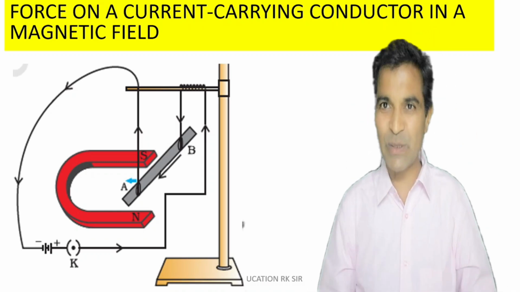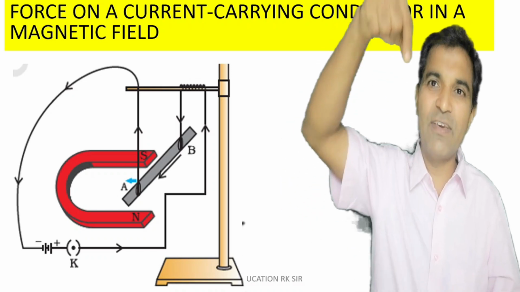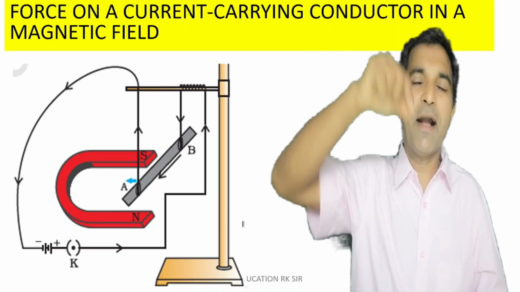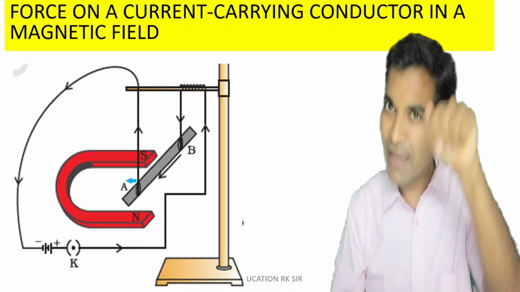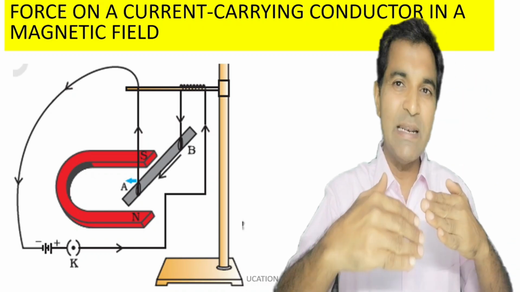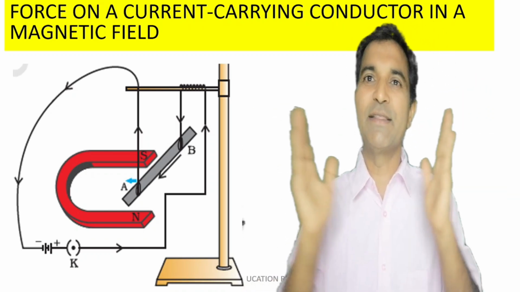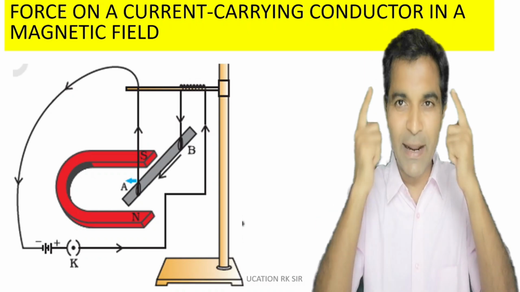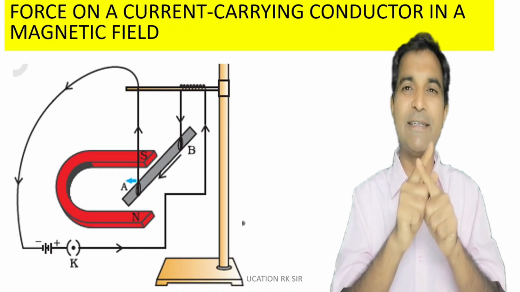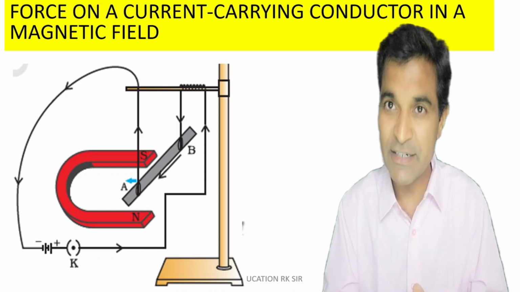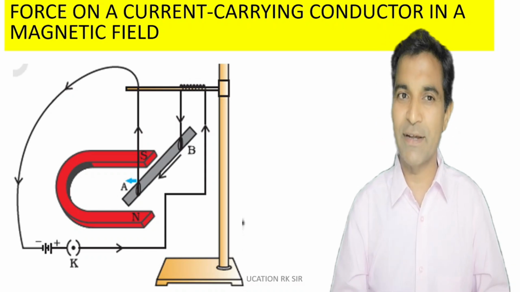The moral of the story is that wherever we keep a current carrying conductor in a magnetic field, it will experience a force. You will have to understand this theory deeply to understand the concept of generator and electrical motor.